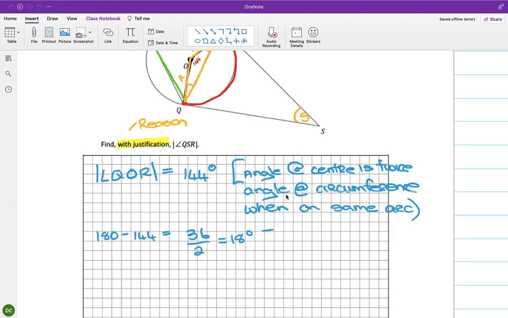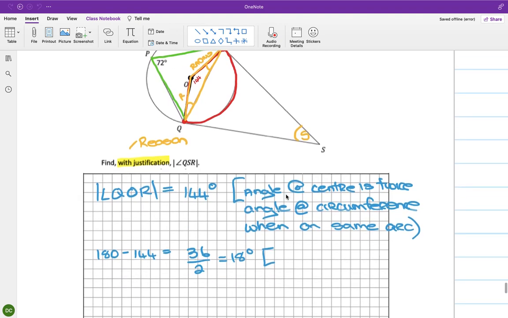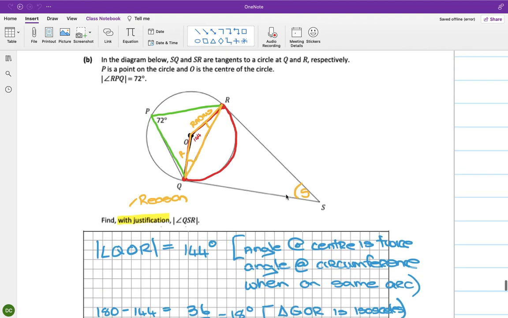We did that because triangle QOR is isosceles. Okay? So if I go back up, I'm going to put in the two 18s. Very squishy. 18 and 18. Okay? Anything else? We're nearly there.